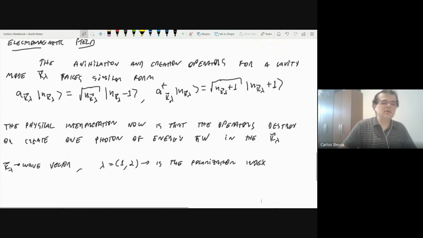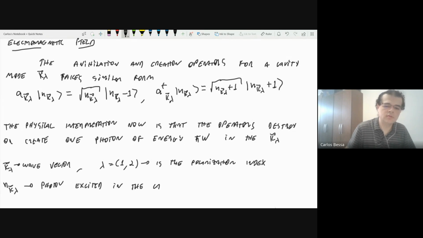So n here, like in the case of the harmonic oscillator, we call n a particle being created. Here, n_k is the photons excited in the cavity, in each mode with its respective polarization.